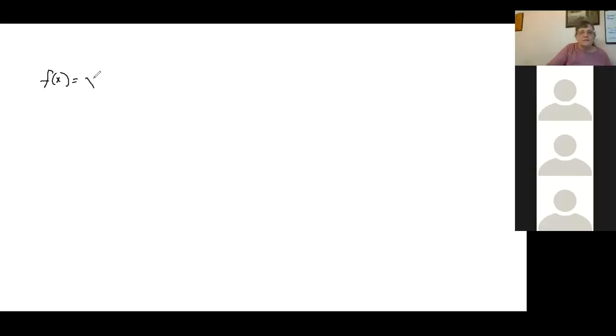f of x equals x cubed plus 6x squared minus 4x minus 24.